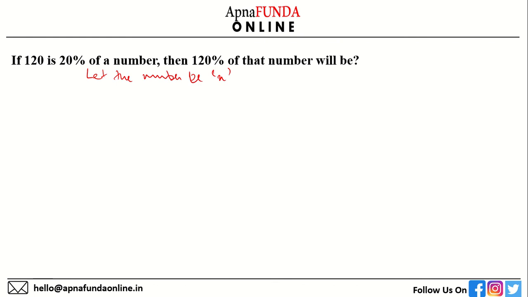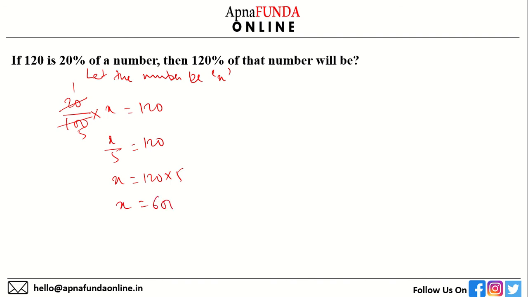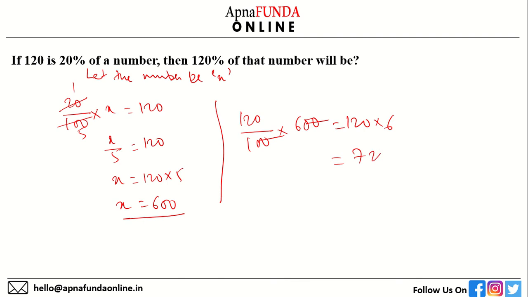If 120 is 20% of a number, 20% of a number is equal to 120, right? This is x by 5 is equal to 120. x is equal to 120 into 5. So x is equal to 600. 120% of 600 is equal to 120 into 6, which is 720.